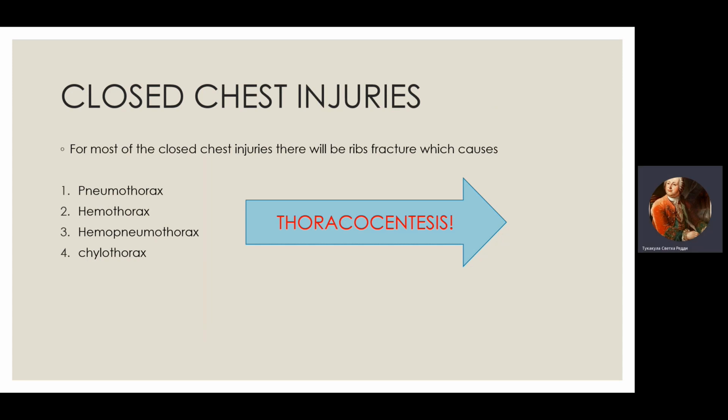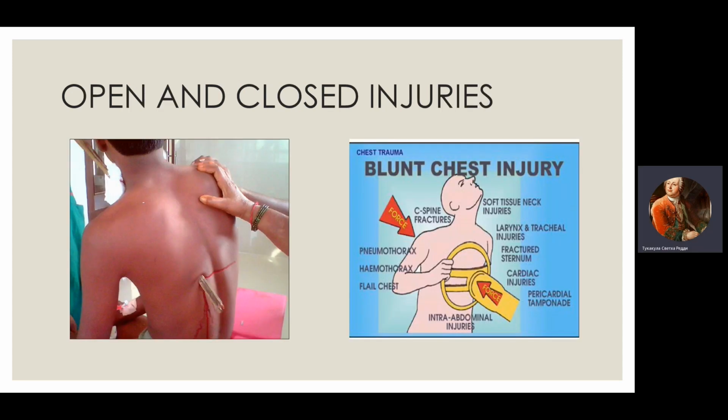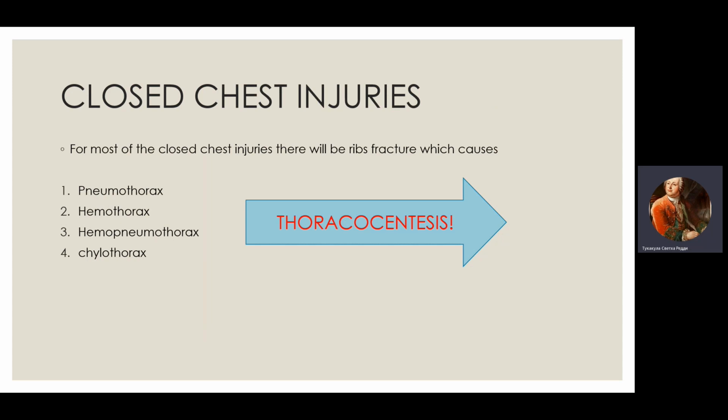Closed chest injuries, like we discussed before, blunt chest injuries, cannot be seen outside; there is no bleeding outside, or we can't see an injury outside, but there will be internal bleeding or inflammation of the pleura or pericardium. Based on those injuries, we can classify closed chest injuries as pneumothorax, hemothorax, hemopneumothorax, chylothorax.